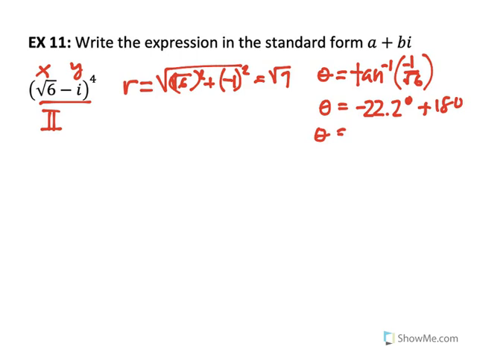Oh, I just calculated that wrong. Sorry about that. That is not in quadrant 2. Over root 6, down 1 was in quadrant 4. I started to write quadrant 4. I don't know what I was thinking. Anyway, so that negative 22.2 degrees, if I want to think of the angle that corresponds with negative 22.2, it's 337.8.